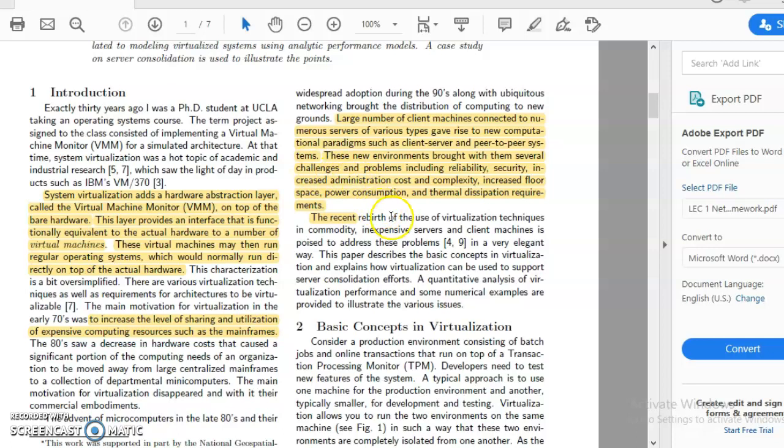But these also brought some challenges like reliability, security, cost, complexity, floor space, power consumption, and thermal dissipation. Now, the recent rebirth of virtualization techniques is poised to address these problems in a very elegant manner.